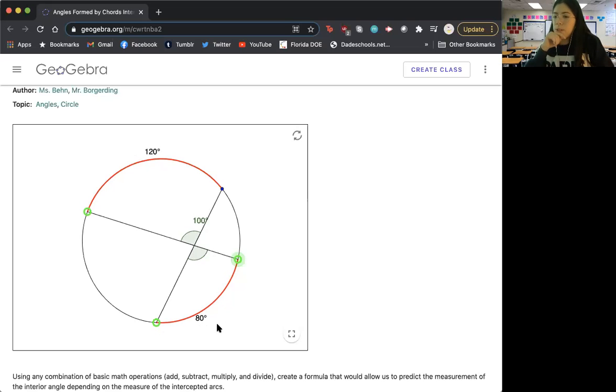Take another 30 seconds using these numbers. I'm not changing anything, so nothing is changing. See if you can figure out the relationship between the central angle and the two arcs.